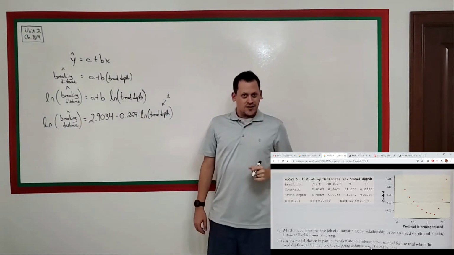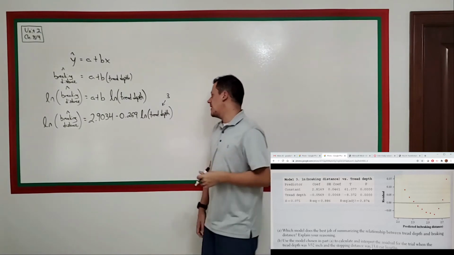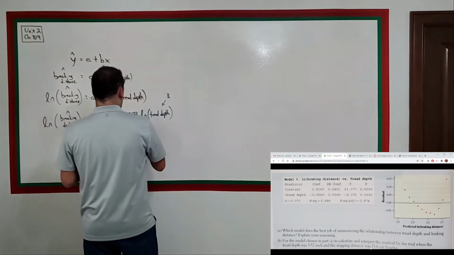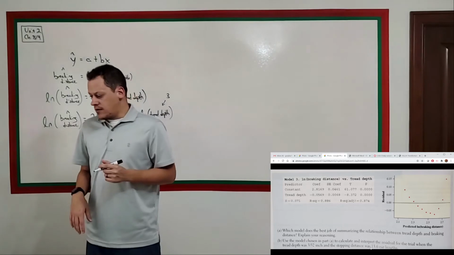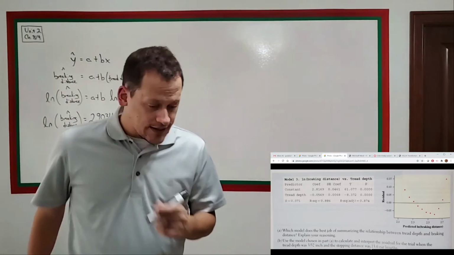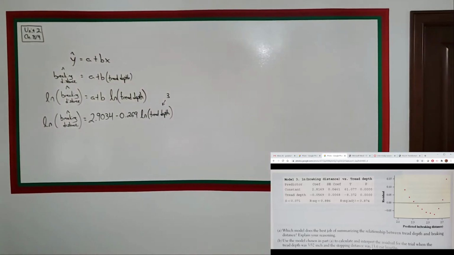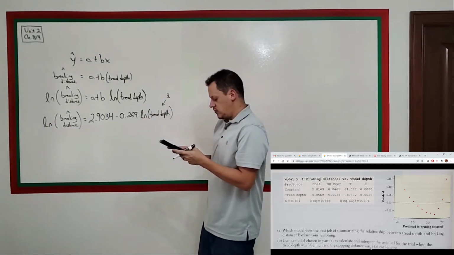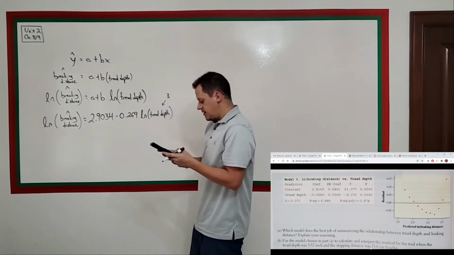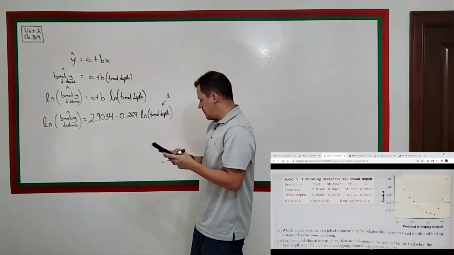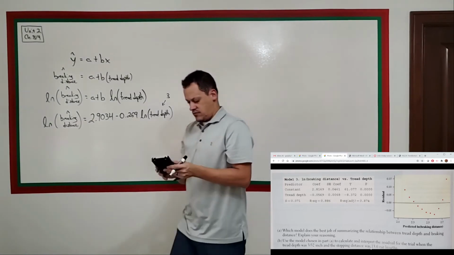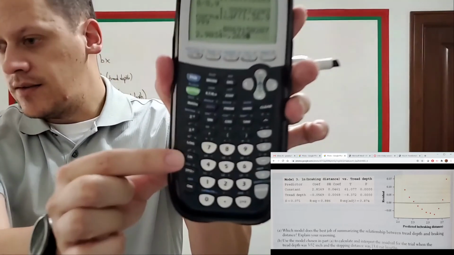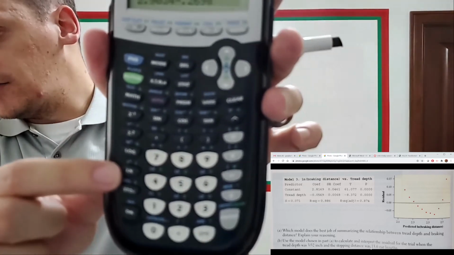I'll give you a chance to plug in 3 there. Oh, actually, let's just do it together. It's fine. So we're going to take the natural log of 3 here. I'm going to grab my calculator. I definitely need that. I usually have it out. What's my problem today? Okay, so I'm taking 2.9034 minus 0.269 times the natural log, which is, sorry, I don't have my virtual calculator today.